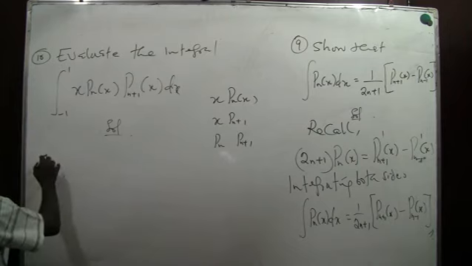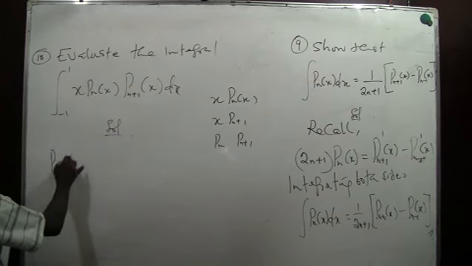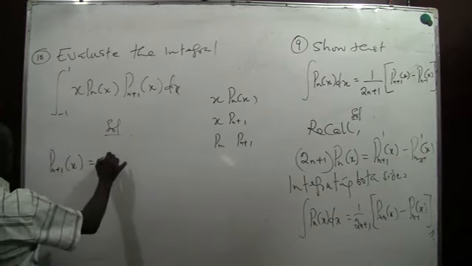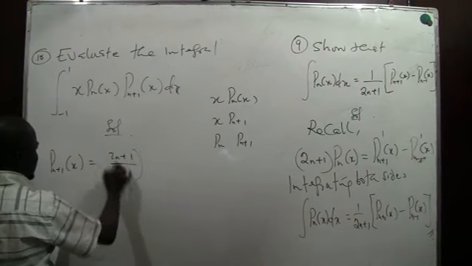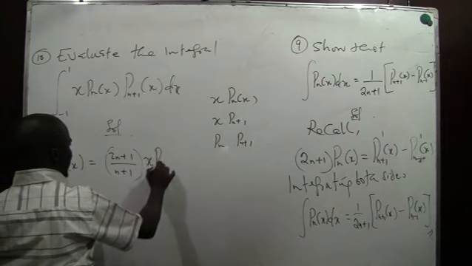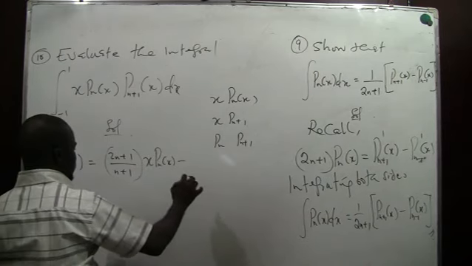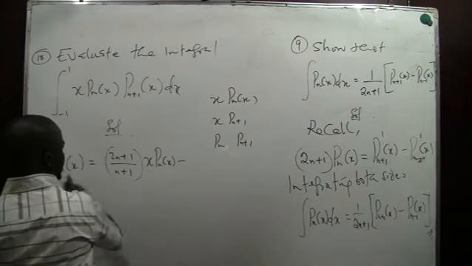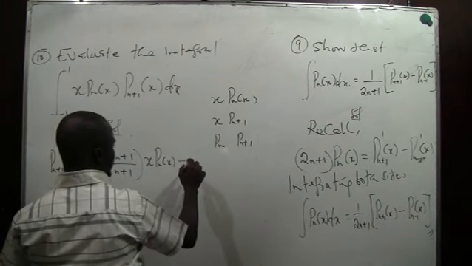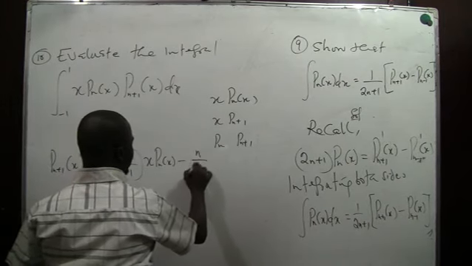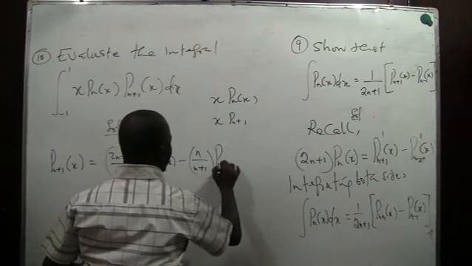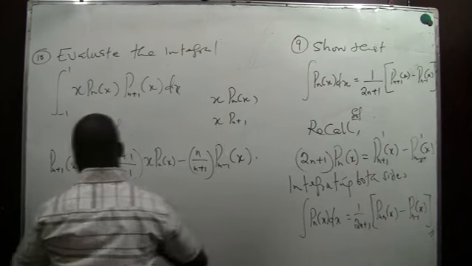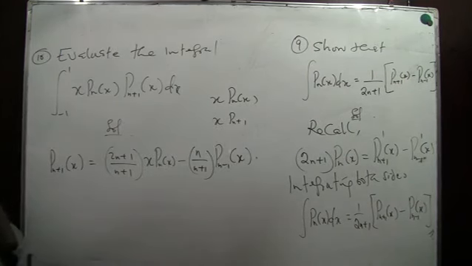That recurrence relation gives that P(n+1)(x) is (2n+1) divided by (n+1) x Pn(x) minus n divided by (n+1) P(n-1)(x). That's the recurrence relation.